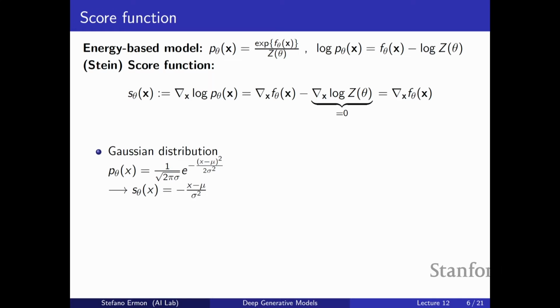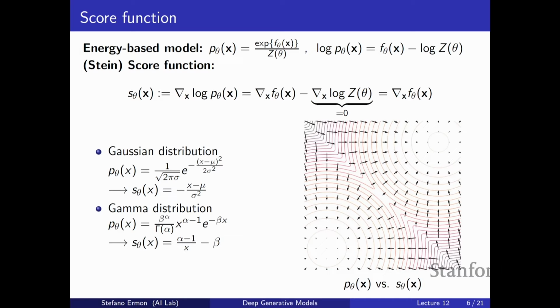When you take the derivative with respect to x, you get a function of x and the parameters of the model, which is relatively simple: x minus the mean, scaled by the variance. And if you have a gamma distribution, it has a potentially nasty normalization constant in front. But the moment you take the score, that normalization constant disappears, and you get a much simpler function to work with.